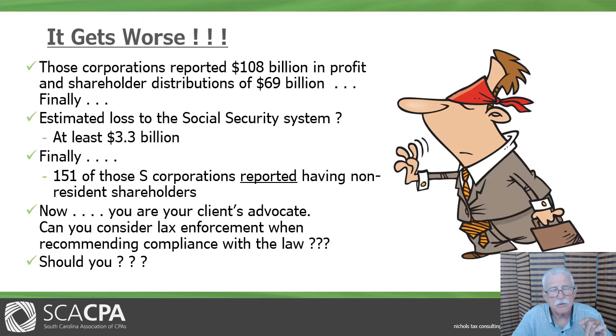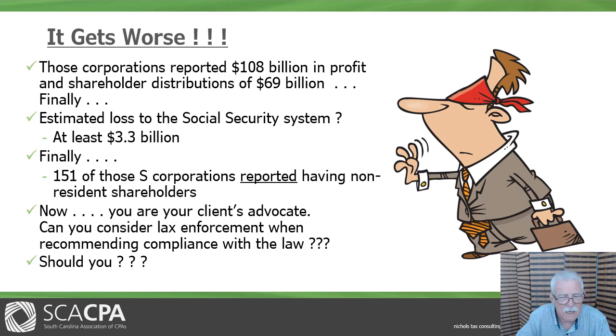Those corporations reported $108 billion in total profit, shareholder distributions in excess of $69 billion, and finally, no Social Security wages, no Medicare. That's a loss to the Social Security system of over $3.3 billion.